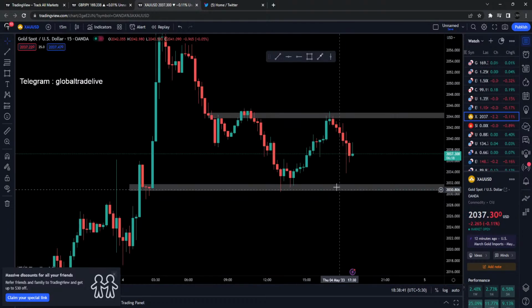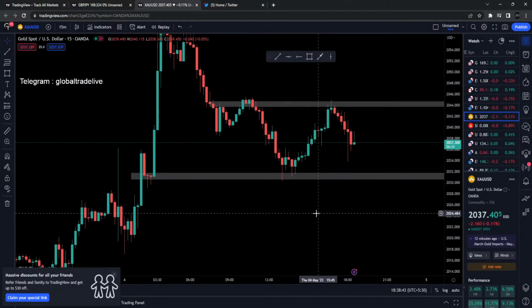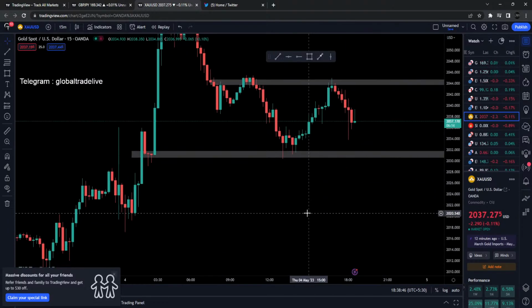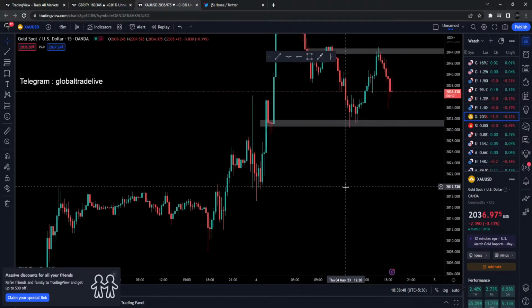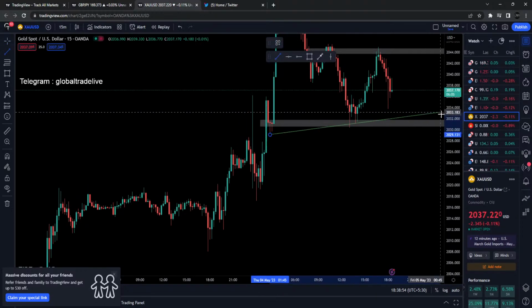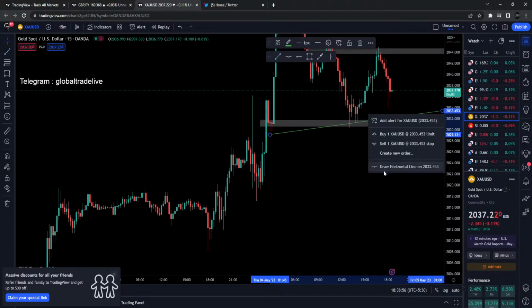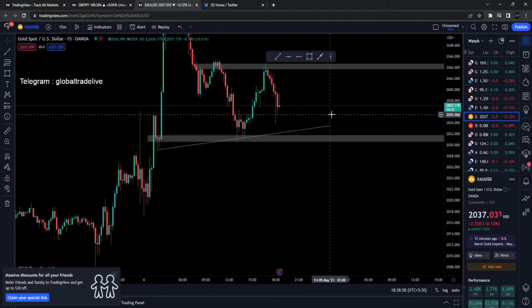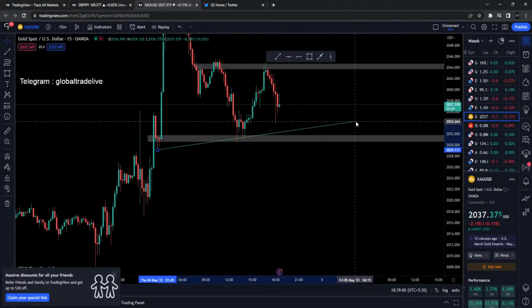So it's kind of difficult to trade. So if I draw some levels, then this could be a level over here below which we can actually take sells.